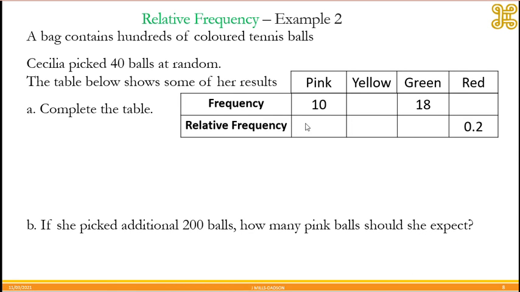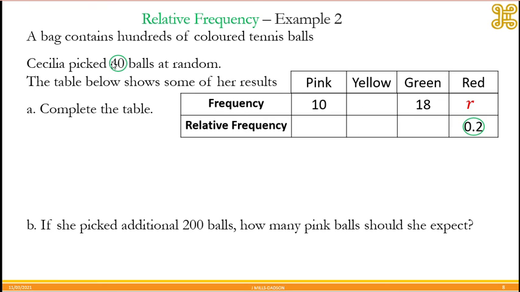So we're going to start working backwards. If you remember, relative frequency is always the frequency over the total number of frequency. So the frequency of red over 40 balls gives us 0.2. So let's call this R. So we are going to make a simple equation.